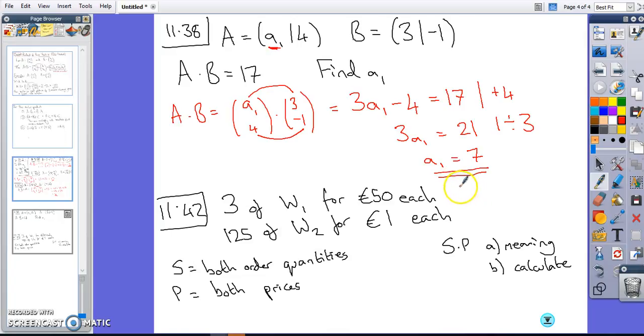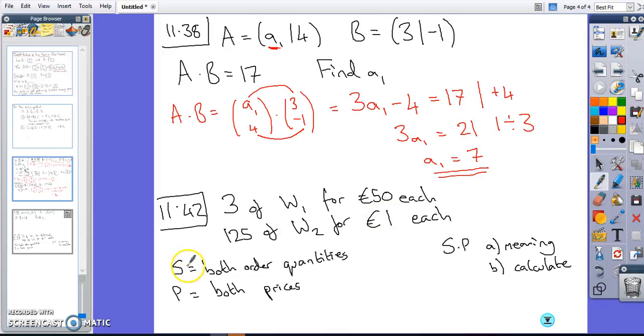Done. So, I have 4 minutes to do our final question. Let's see if we can do it. I've summarised it here. In the question, a trader orders 3 of a certain item for 50 euros each, and he orders 125 of a second item for €1 each.